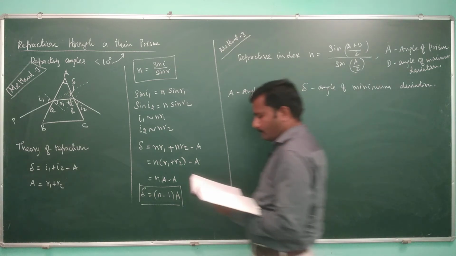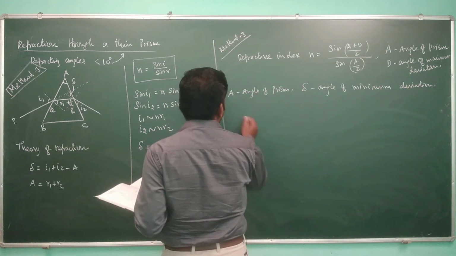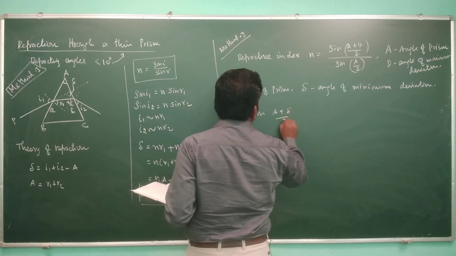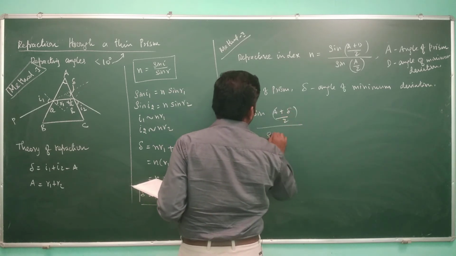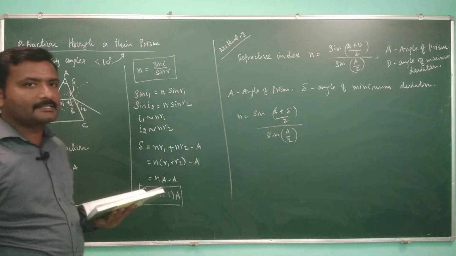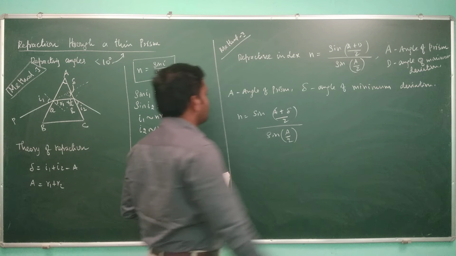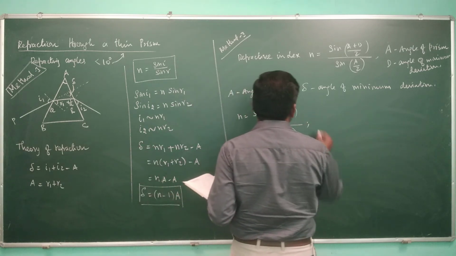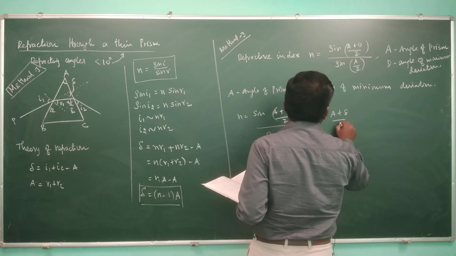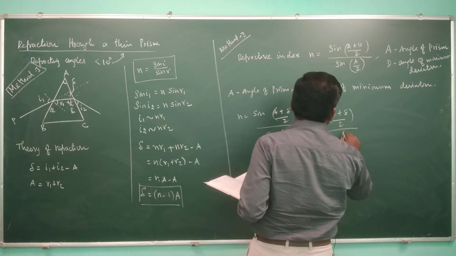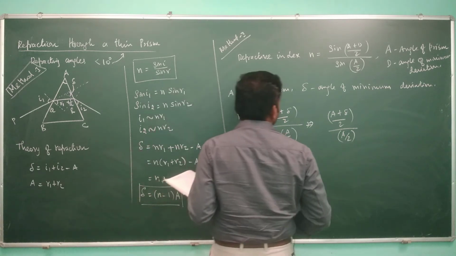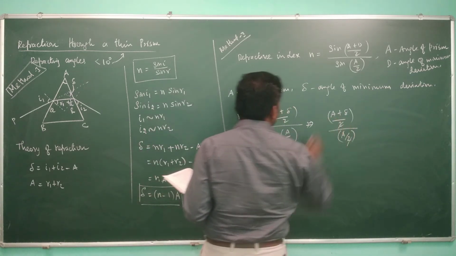So that the above equation becomes n equal to sin((A plus delta) by 2) divided by sin(A by 2). But for small angles, sines of angles become the angles themselves. So this becomes (A plus delta) by 2 divided by A by 2. So that this 2 and this 2 will cancel out.